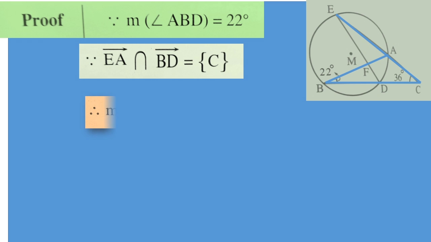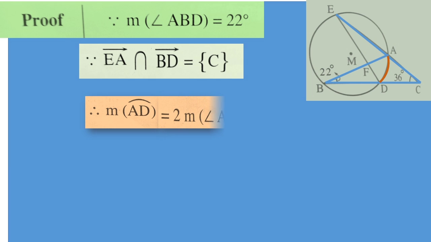Then first, the measure of angle ABD, this is an inscribed angle subtended by arc AD. Then the measure of arc AD equals twice this angle, 2 multiplied by the measure of angle ABD.